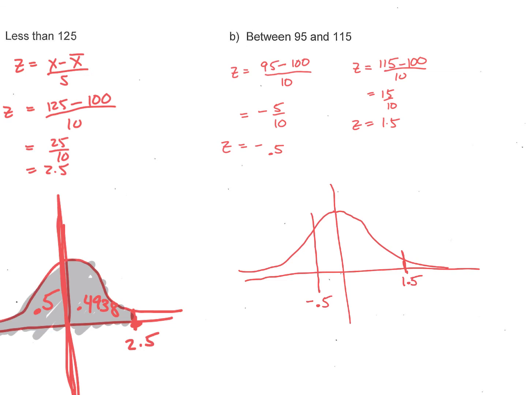So then we can look up 0.5 on the table, and 0.5 is 0.1915. And 1.5 on the table is 0.4332.